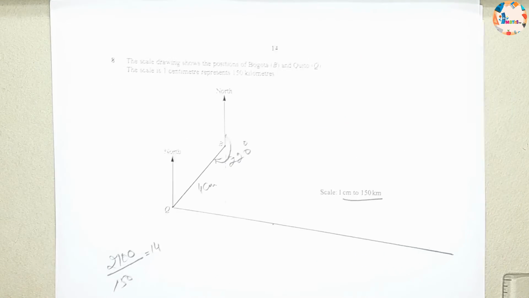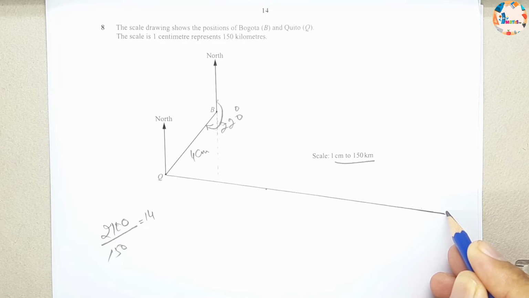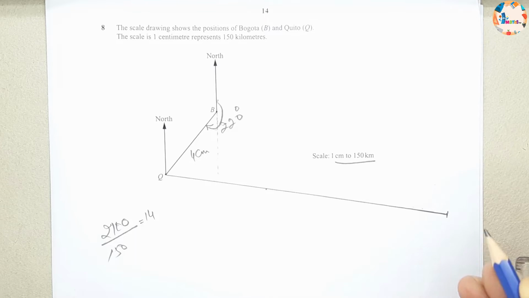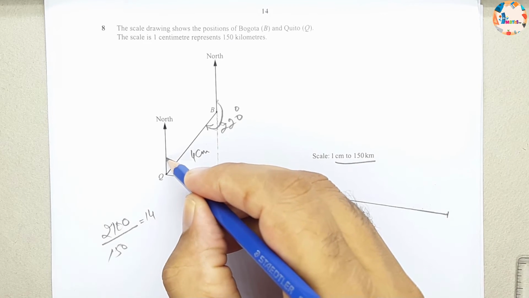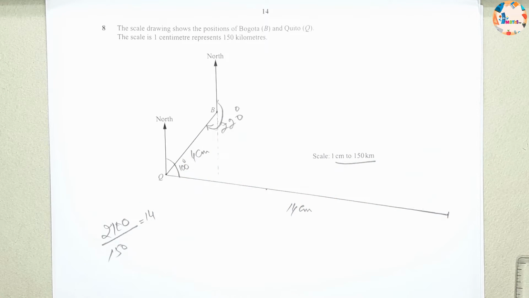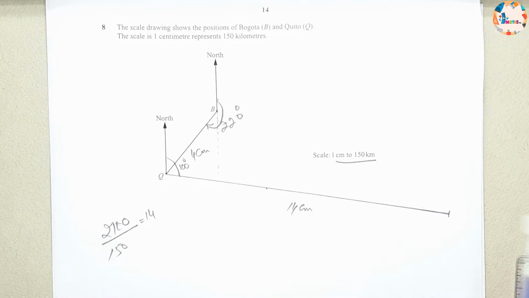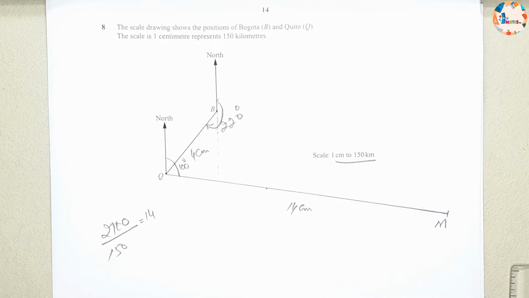So this is 14 now, so we can write this one, hopefully you are getting this. Up to this one is 14, so we will write here 14 centimeters, and we can show this angle as 100 degrees. So this will be the position. We have to mark this position as M, and this will be done.